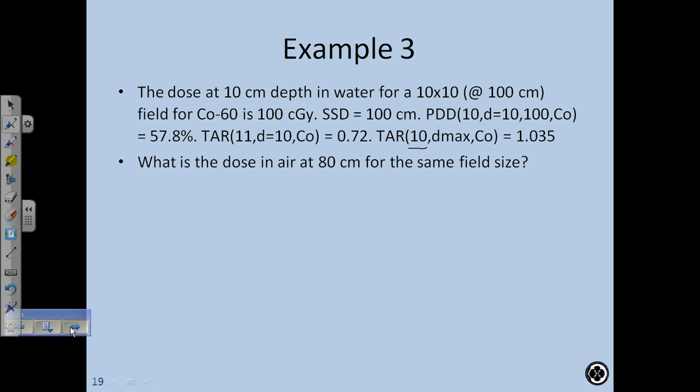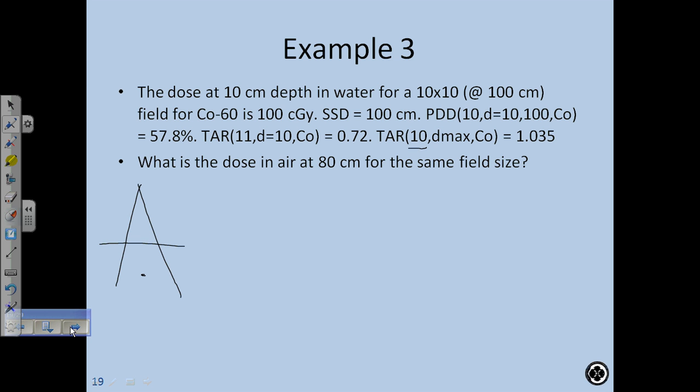Okay, so let's write down what we know. I'm going to draw the triangle of what we know. Dose at 10 cm depth in water for a 10 by 10 field, cobalt 60.